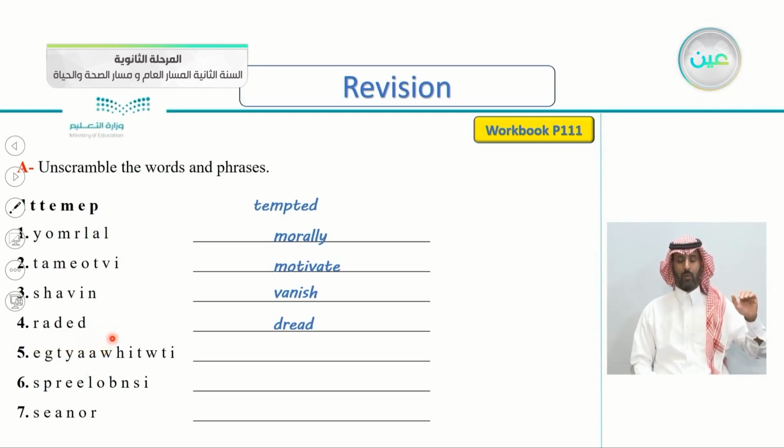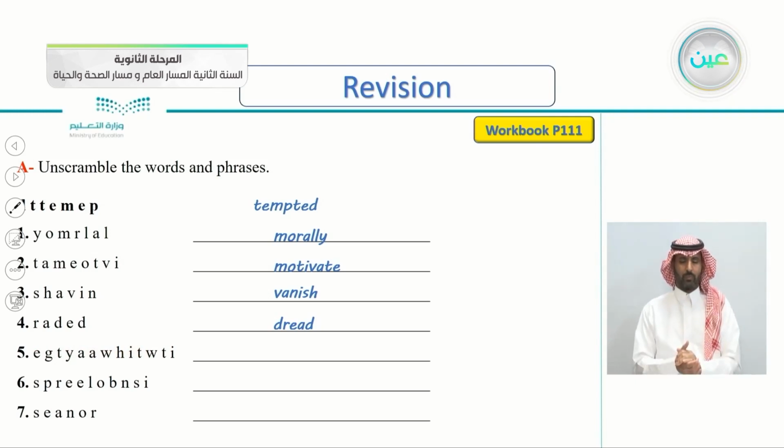Remember, they are words or phrases, maybe more than one word. So what's the correct answer here? For the last time, these letters E, G, T, Y, A, A, W, H, I, T, W, T, I.